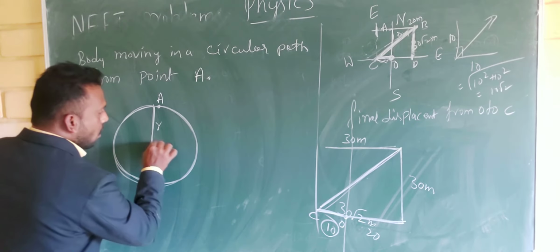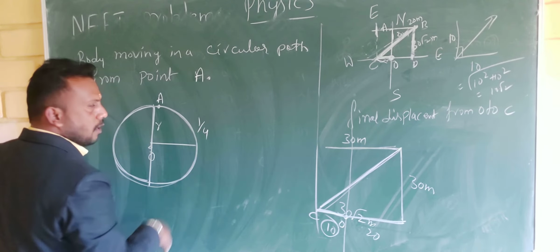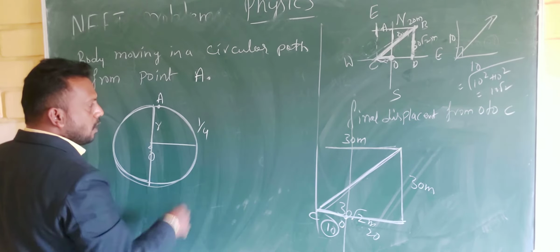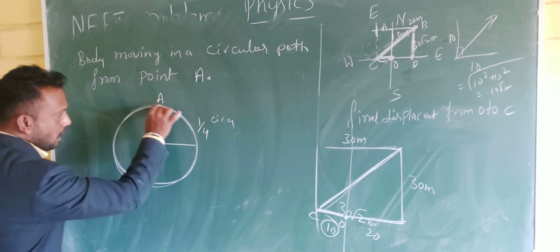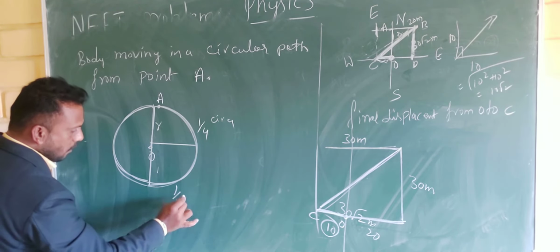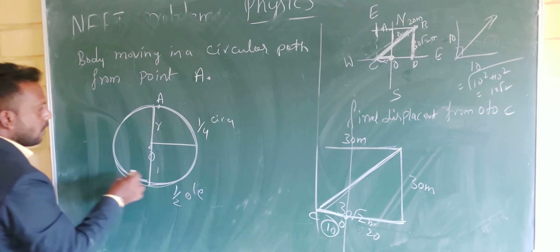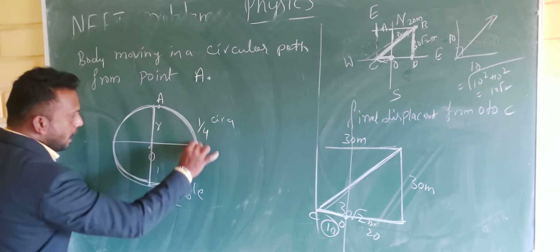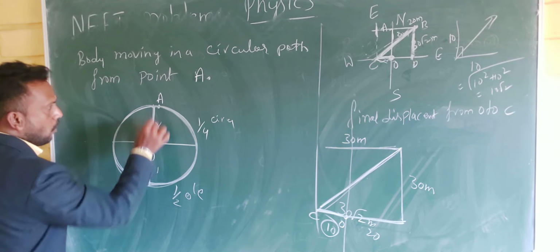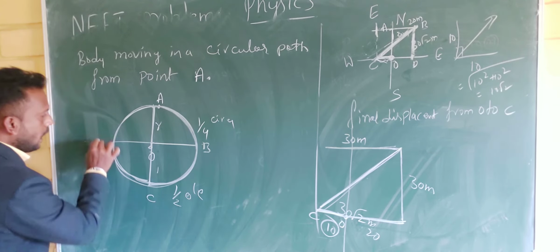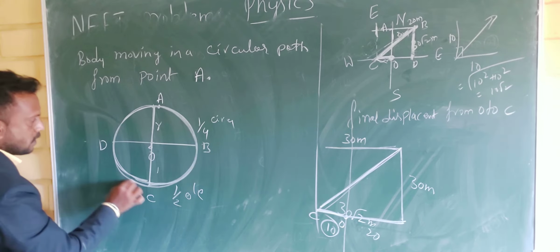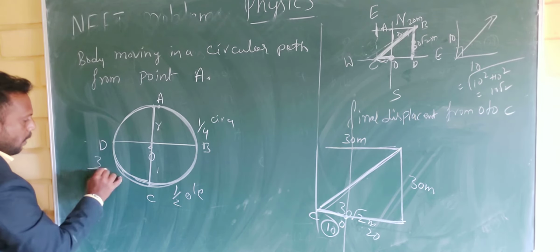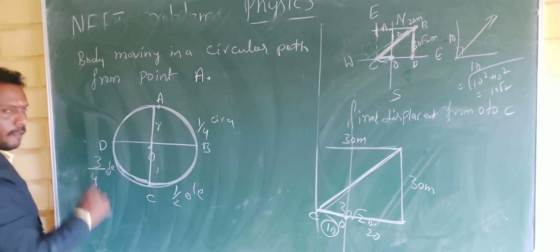This is 1/4 circle, this is half circle, and this is from A to B. O, A, B, C, D. From A to D in clockwise direction is 3/4 circle.